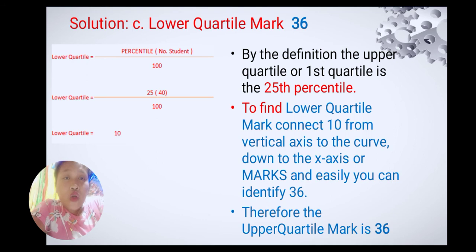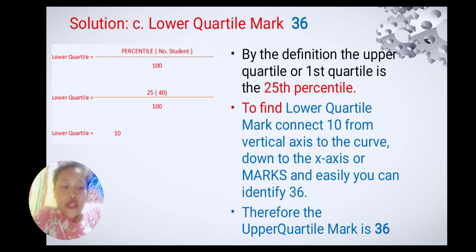Solution C, lower quartile mark. By the definition itself, the lower quartile is the first quartile and the 25th percentile. To find the lower quartile mark, connect 10 on the vertical axis to the curve down to the x-axis.